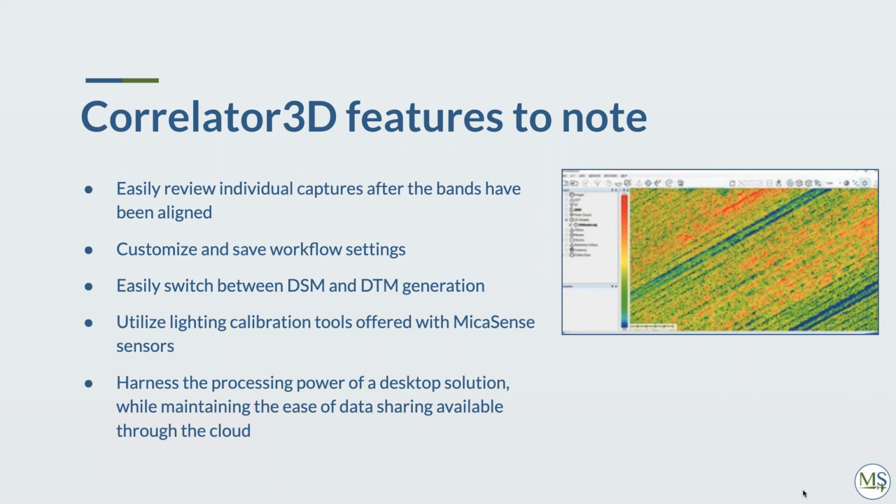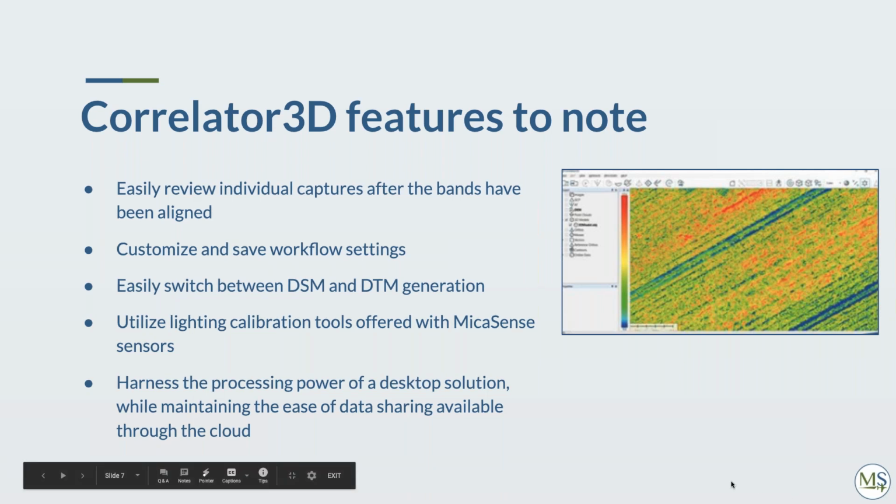For the radiometric calibration, we can ingest either the DLS sensor or the panel, and also both of them, depending on what you have for your type of data. The software is a desktop solution, but can also be installed in cloud-based options such as AWS or Azure. We also offer the possibility of sharing results over the cloud, so you can just send a shareable link to your customers, and they can easily see the output data that you got from your MicaSense sensor.